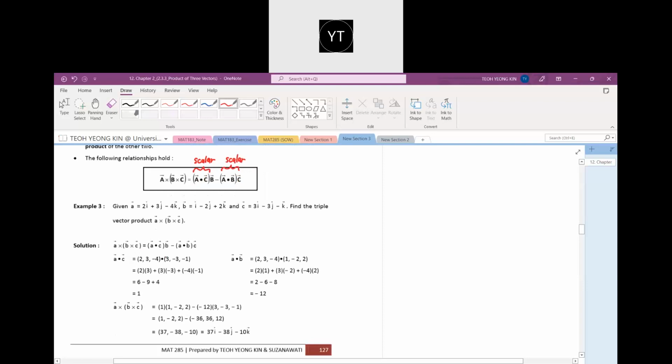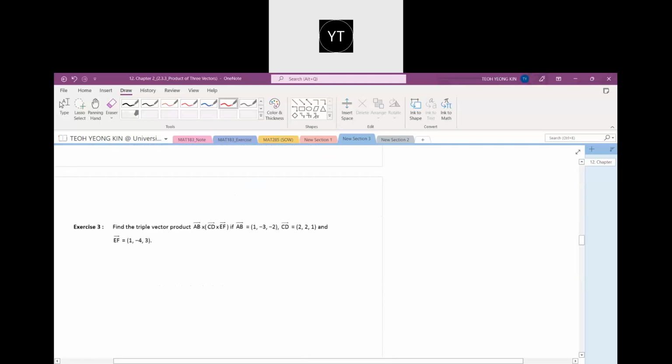So let's find the triple vector product AB cross product with the cross product of CD and EF.